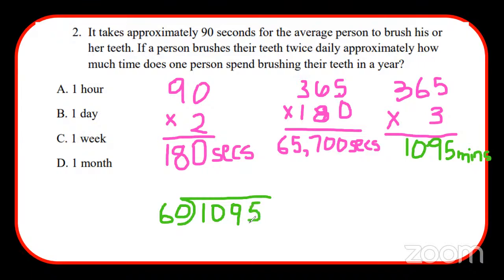Very good, Joshua. We are going to divide it by 60. Very good, Shamari. Definitely, guys, we are going to divide it by 60. And when we divide it by 60, what will we get?